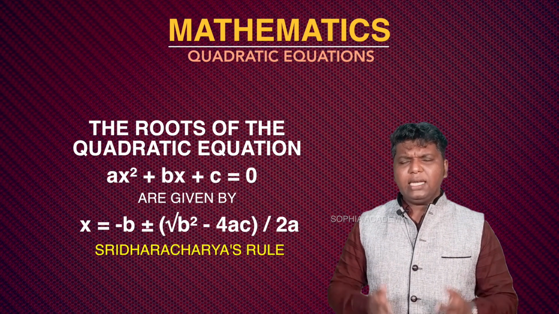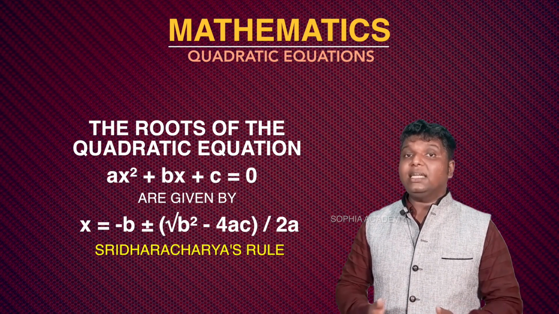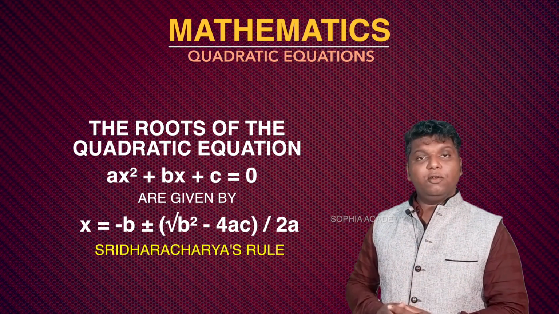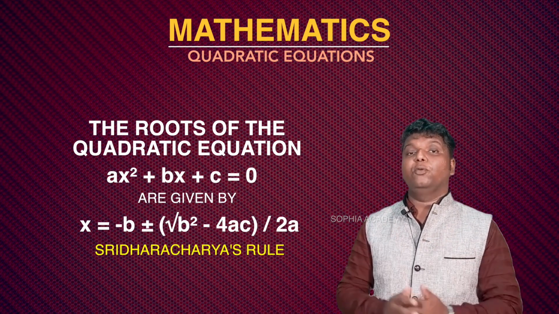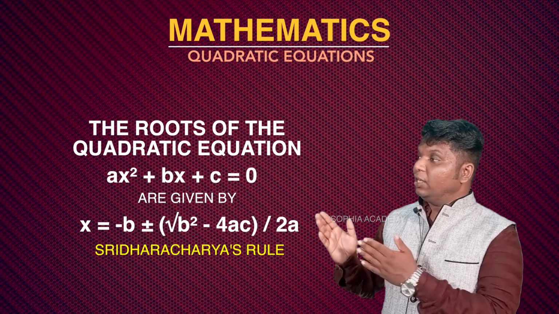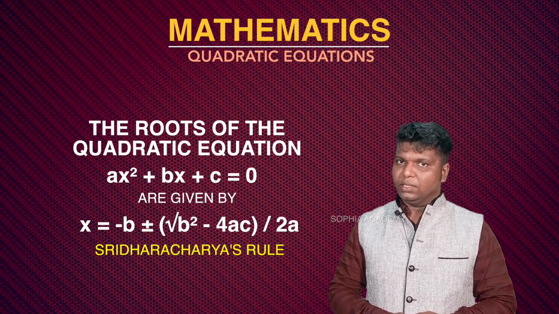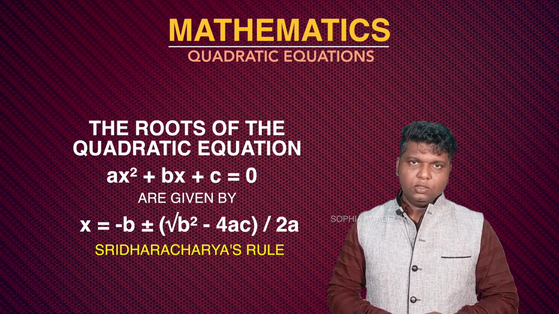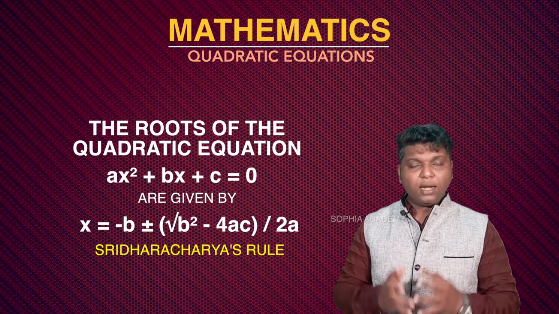In some cases we can't deal with completing the square also. At that time this particular formula plays an important role, because whatever quadratic equation you are getting, you can use this quadratic formula to get the solution for the given question. That's why this formula is called the quadratic formula itself.